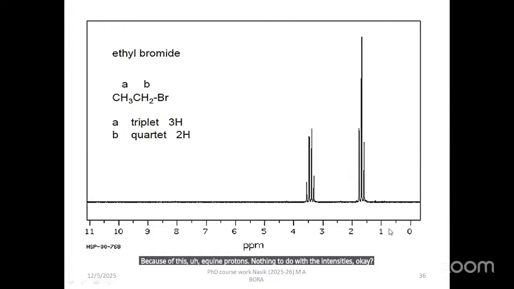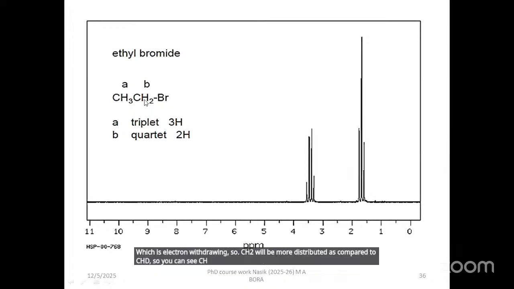And let's see the chemical shift. Now out of these two protons, CH2 is the primary carbon attached proton, which is next to Br, which is electron withdrawing. So CH2 will be more deshielded as compared to CH3. You can see CH3 is beta with respect to Br, CH2 is alpha with respect to Br.